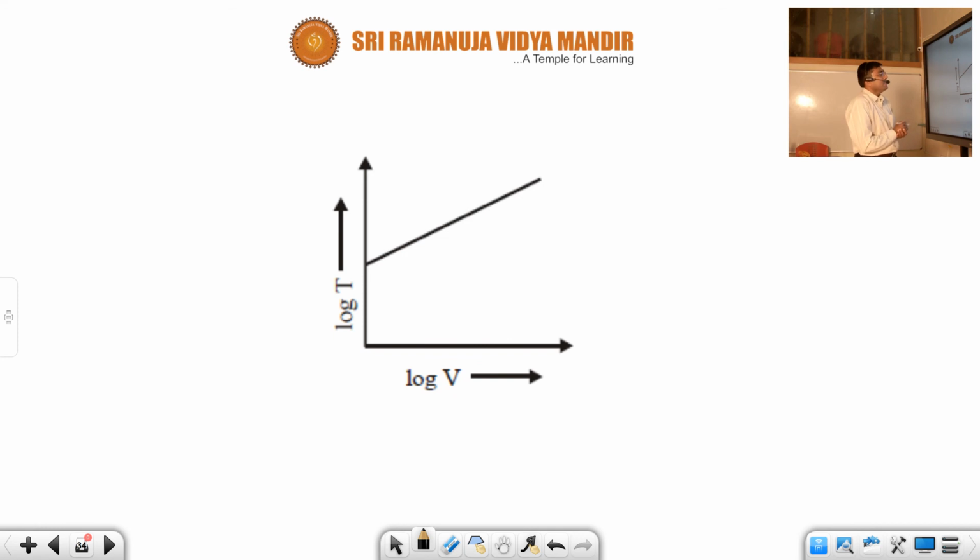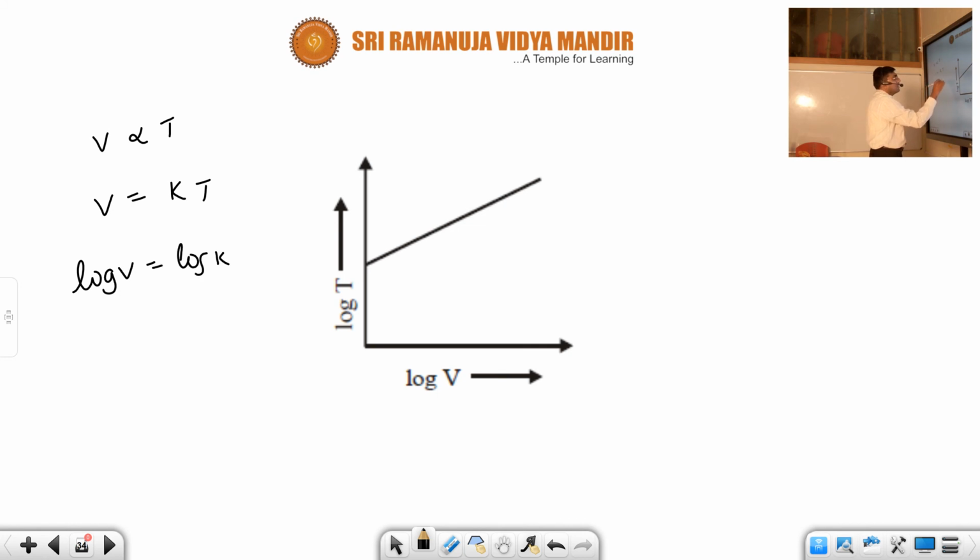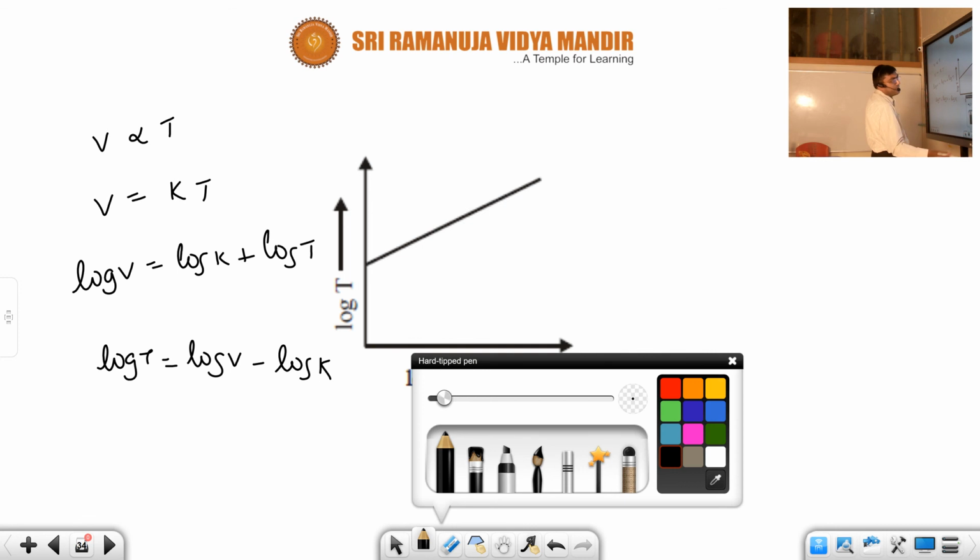Now, students, similarly, let us see another. V is directly proportional to T. V is equal to KT. So log V is equal to log K plus log T. Now you can write log T is equal to log V minus log K. Students, have a look here.